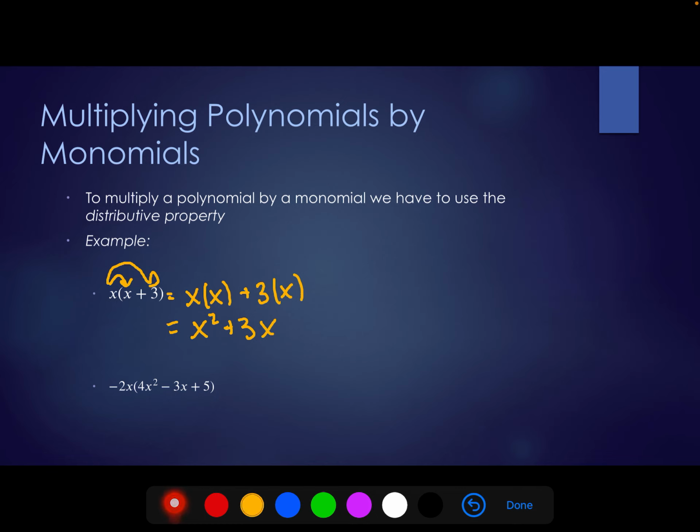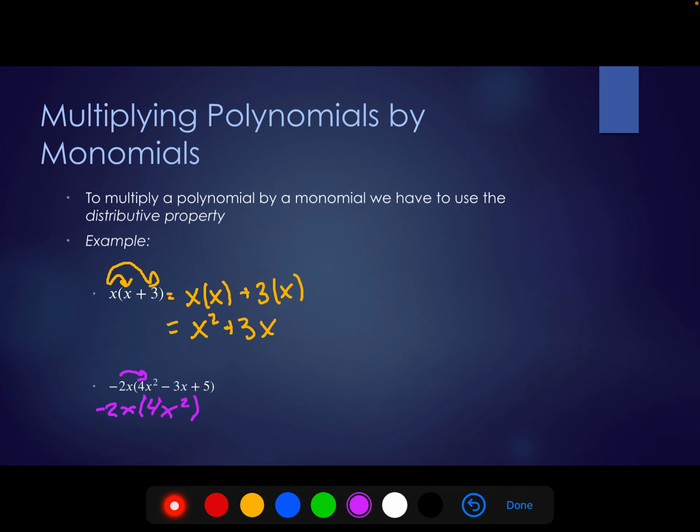Now let's do it again for this one down here. Now we have, instead of a binomial, a trinomial. So we have negative 2x times 4x squared minus 3x plus 5. So again, we're just using that distributive property. First we have negative 2x times 4x squared.